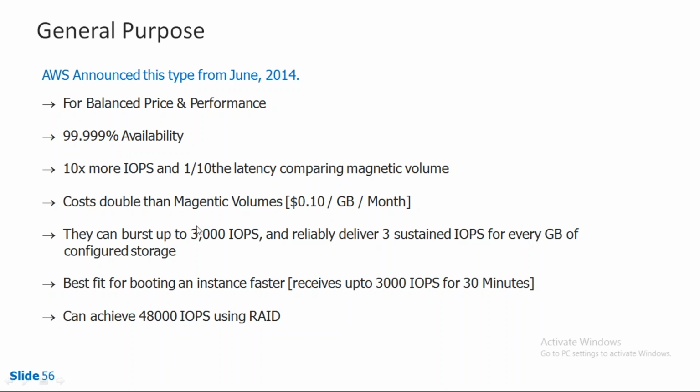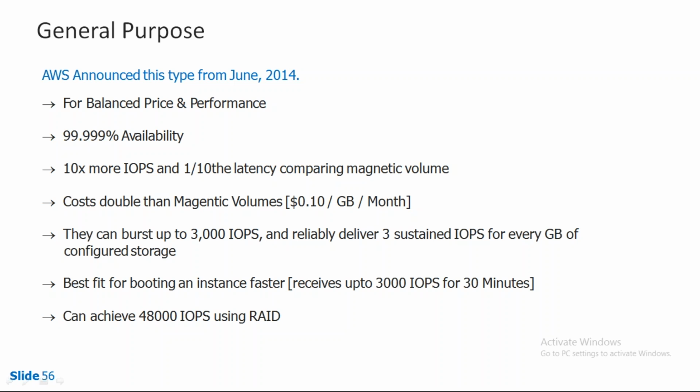Of course, when you are getting faster accessibility, obviously you'll have to pay a little higher than for the normal volumes. So it costs double magnetic volumes. These prices are older and might have changed, so go through the current prices on the Amazon pricing page. You'll just get it on Google or the Amazon website itself.